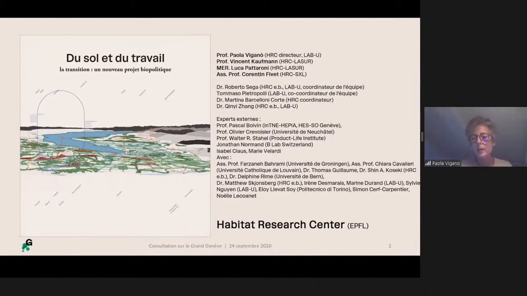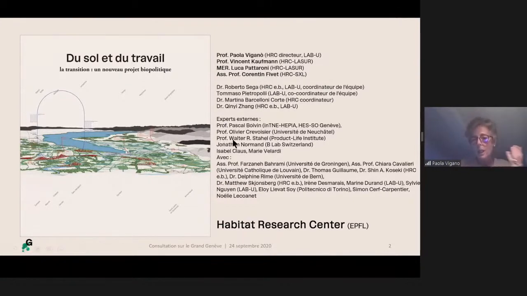In this case, we are in Geneva, and I made this design research with the Habitat Research Center, which, as you already said, is a new, three-year-old interdisciplinary research center, with design at the core, where the idea is that design can put together the different disciplines, and everybody is engaged in imagining what could be the future of a certain territory. As you can see, for example, Corentin Fivet is also part of the team, and many others.